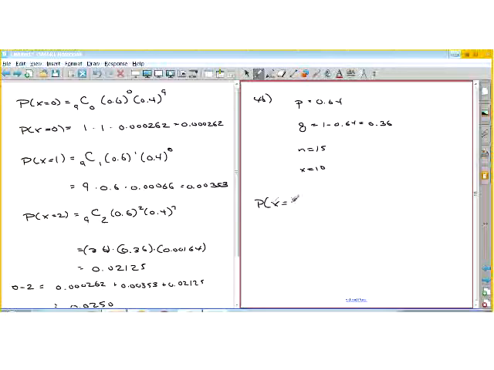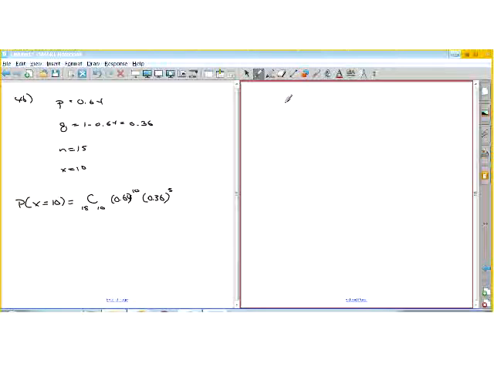So the probability of x equal 10 is going to be 15 things, taken 10 at a time, probability of success, which is 0.64, raised to the x power, probability of failure to the n minus x, which is 5. These add together should give us that number.